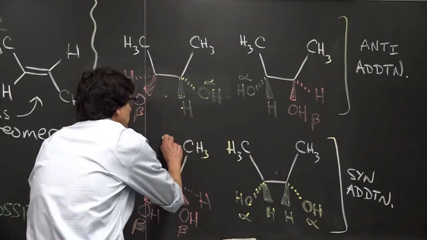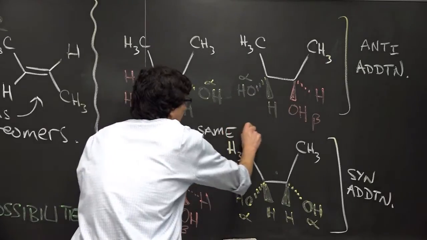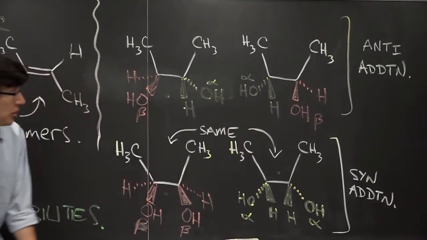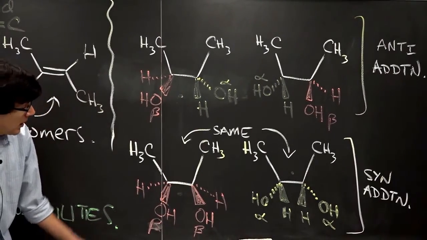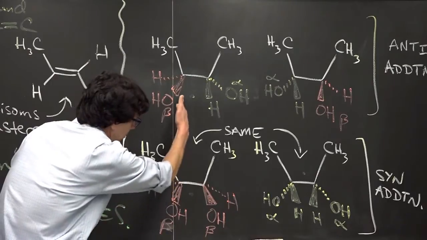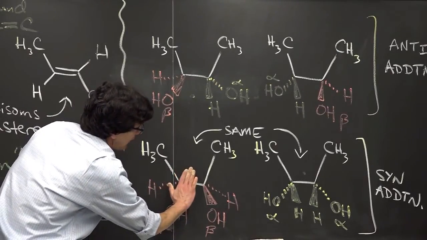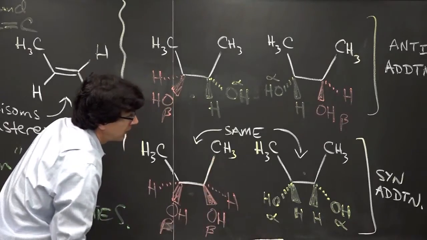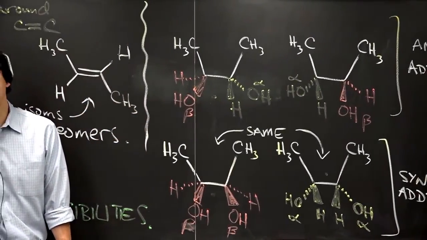So cis-2-butene is a symmetrical molecule. And so if you do a syn addition of two identical groups, OH and OH, you end up with a compound that has a plane of symmetry right here. And so if you take this and you turn it over, you get identically the other one. Okay?